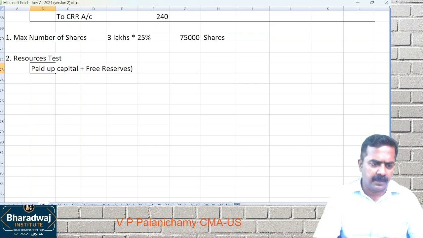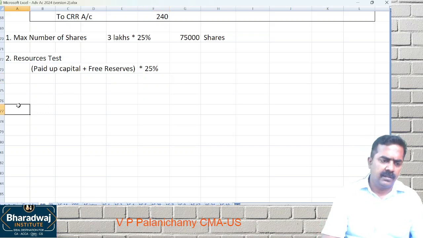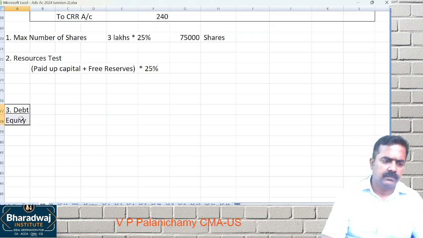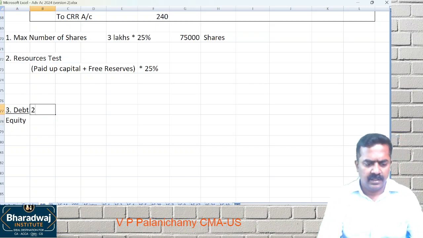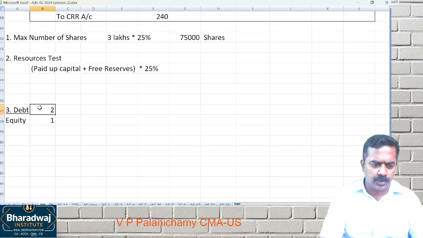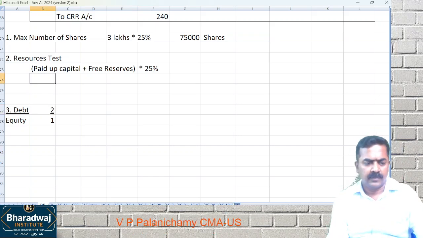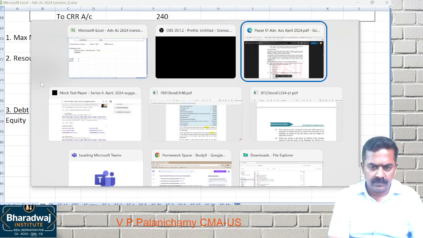Into what percentage can you buy back? Then third, you go for the debt to equity test. After buyback, it cannot exceed what? 2:1. Try it. Let us take 30 lakhs plus free reserves, the 3 reserves.